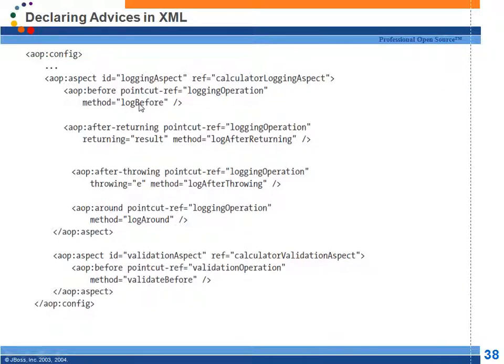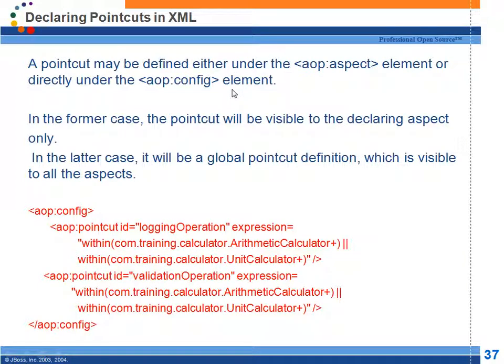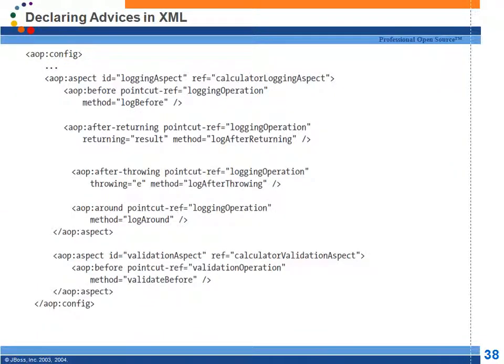What is the point cut reference? Point cut reference is what I specified here. AOP colon point cut, the name of the point cut and expression. So I defined point cuts and gave IDs to them. And then for AOP colon before, what is the method to be invoked before? This is the method. And what is the point cut? This is the one. For after returning, this is the one.